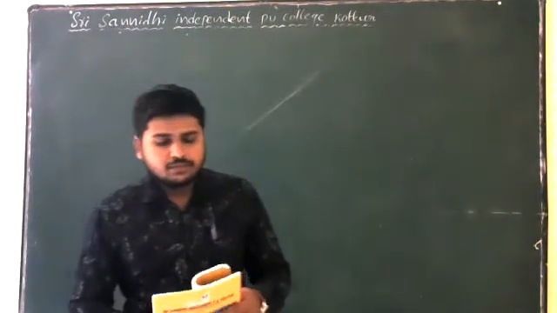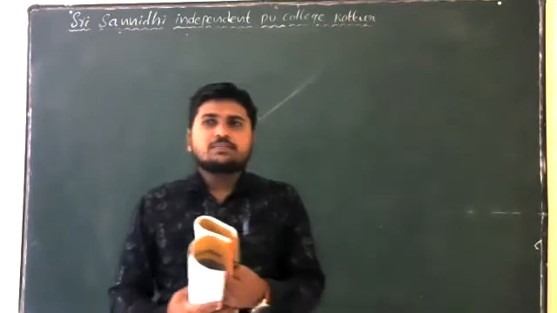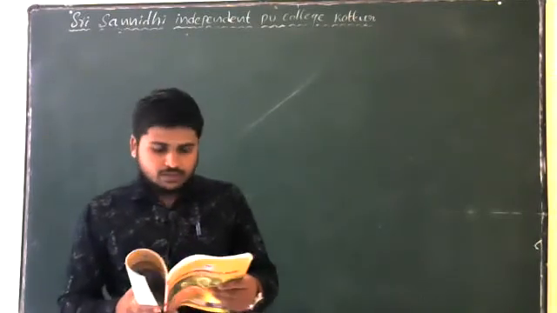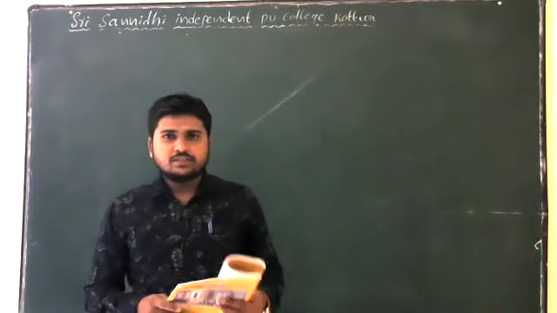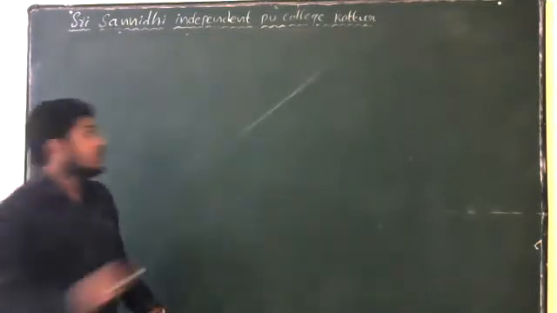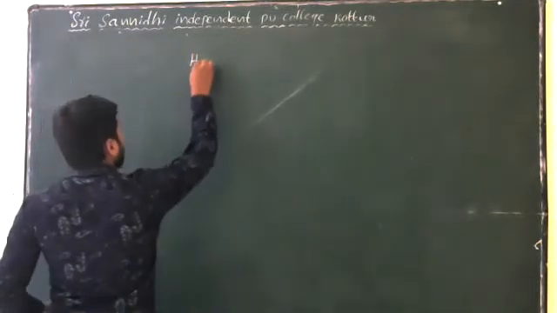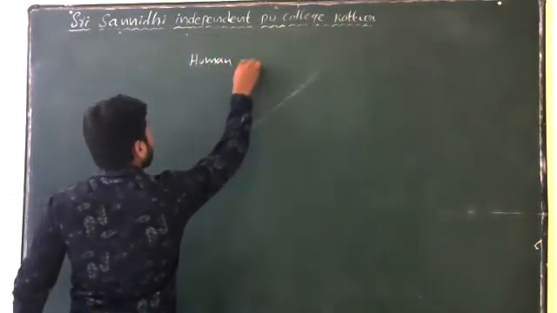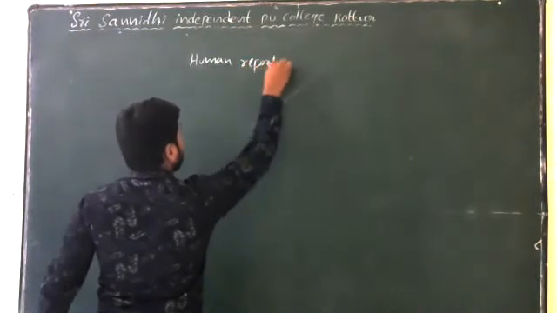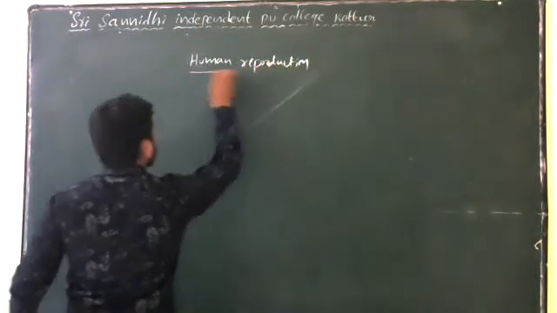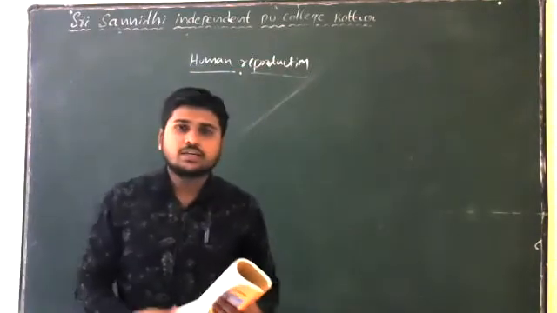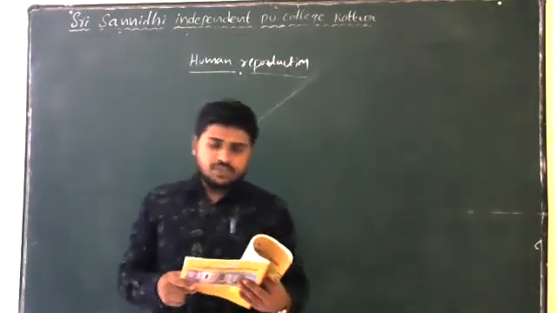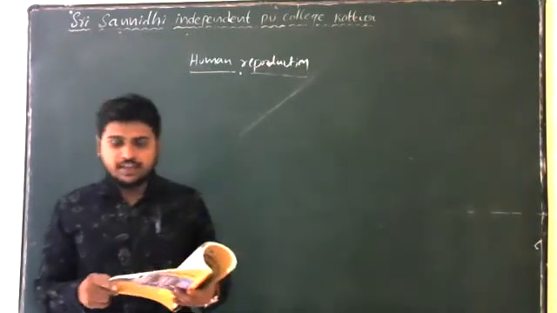So in this session we will discuss some of the important questions which appeared in previous years' NEET examinations. In the chapter Human Reproduction, from 2014 to 2020, we will discuss the questions which appeared.